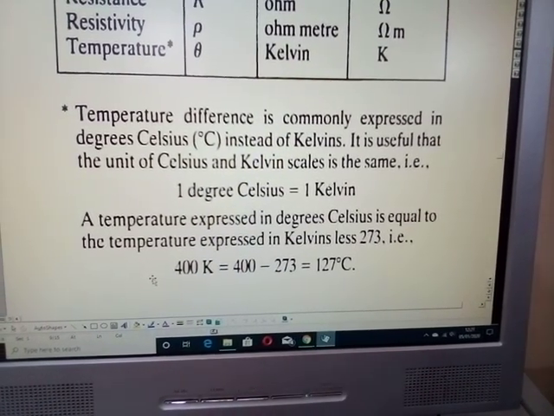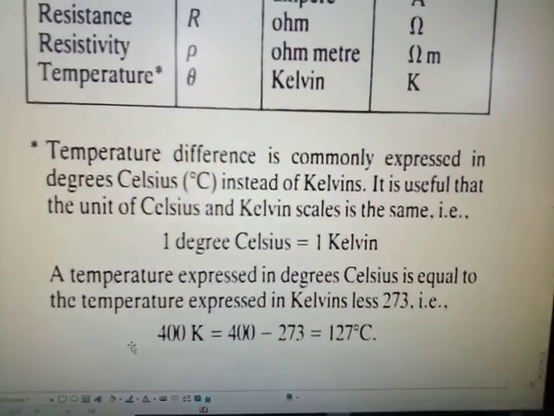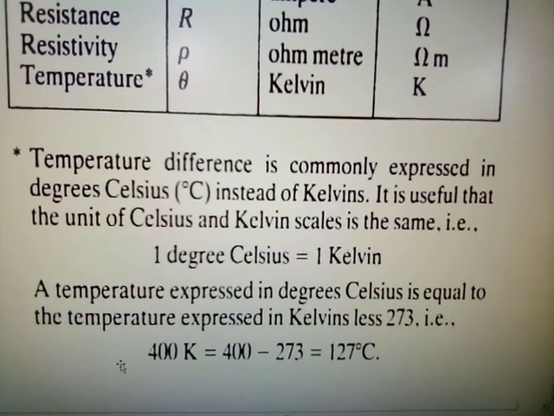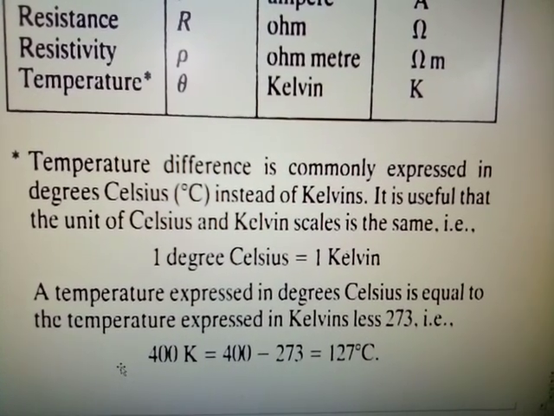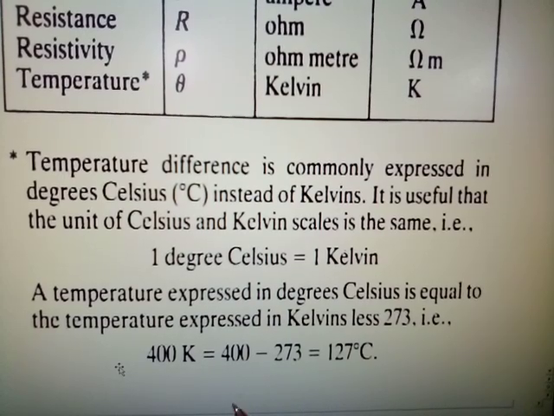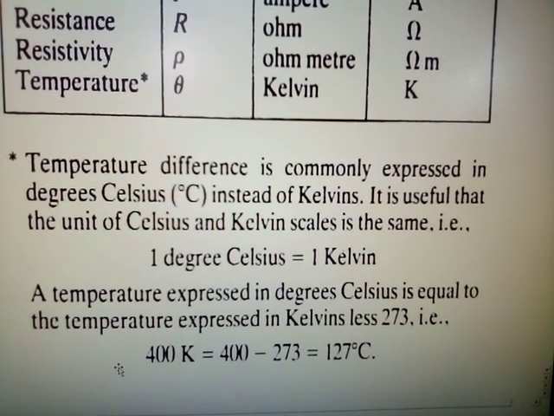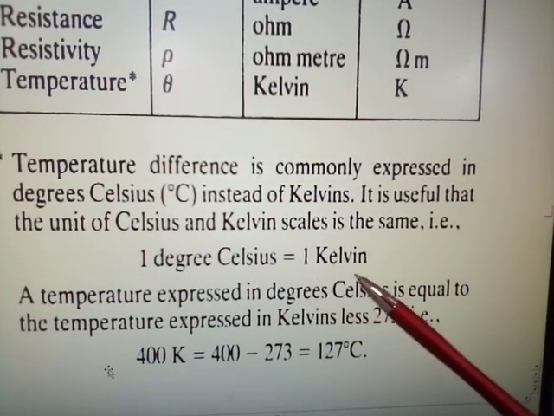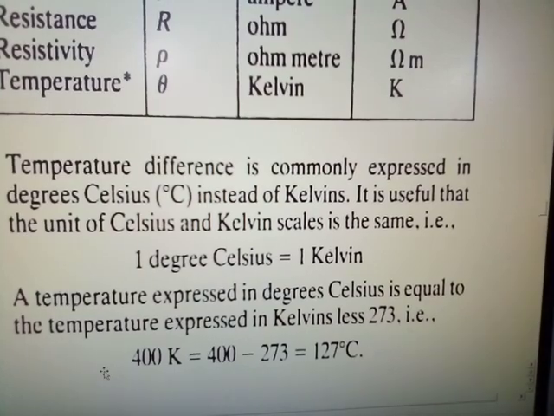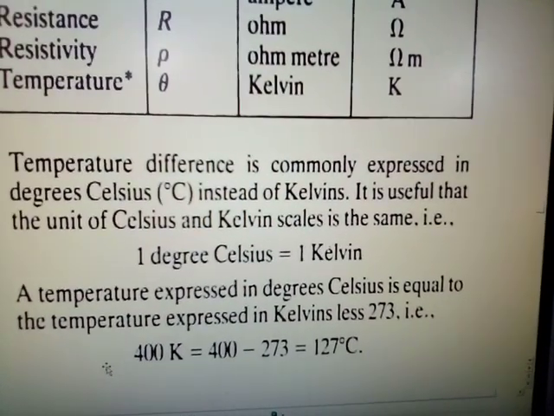Yes. Okay, so here, again, that will give us 127 degrees Celsius. But remember that 1 degree Celsius is equal to 1 degree Kelvin, minus 273 degrees.